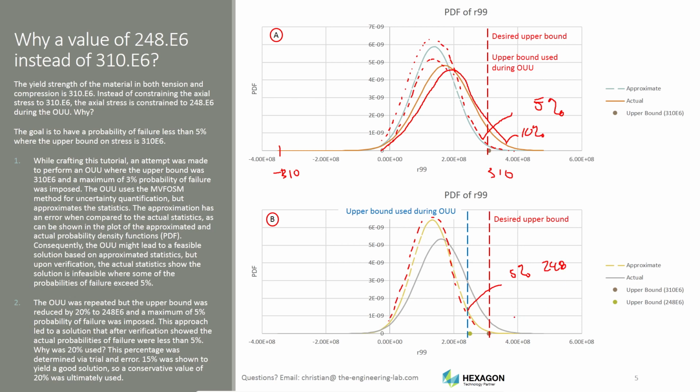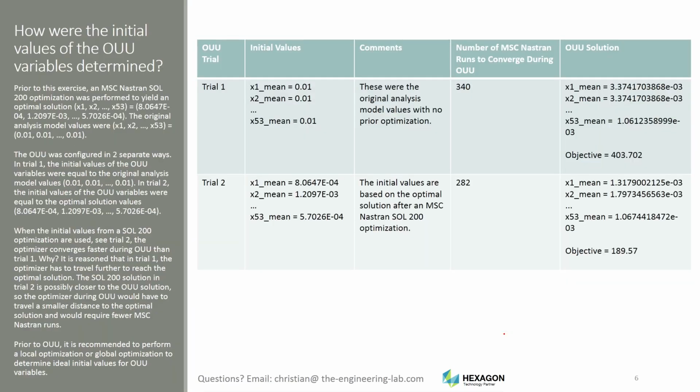So then when we compute the actual probabilities of failure, we find out that there is a probability of failure that's actually lower than before. So it might be maybe 1%, a 1% probability of failure of exceeding the upper bound of 310. So you'll see this happen later on.